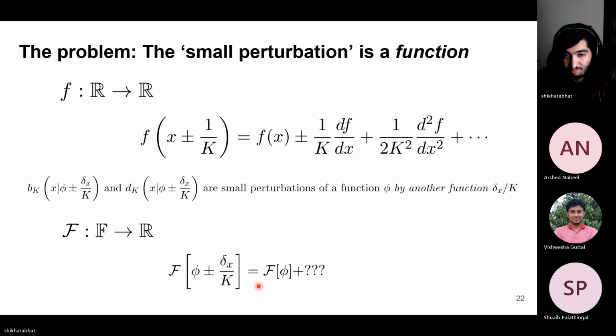Well, can we? It's a good question. Notice that what was crucial in describing this expansion is knowing how little f changes if I change the input by a small amount. This is df by dx. The idea is if I change this x by a very small amount, how much does f change?